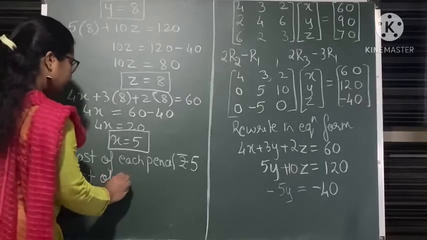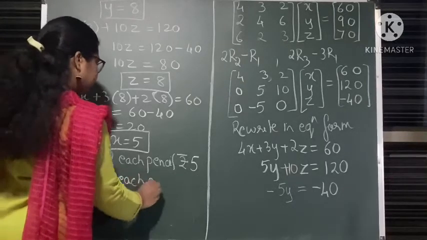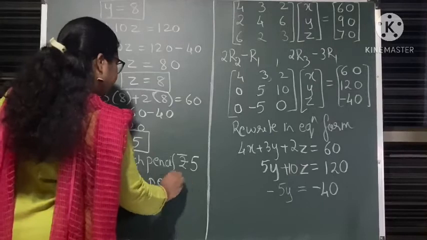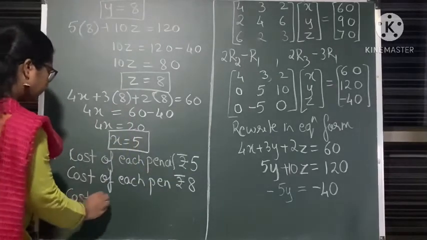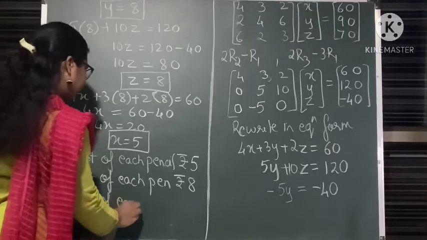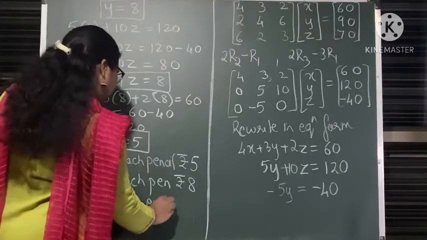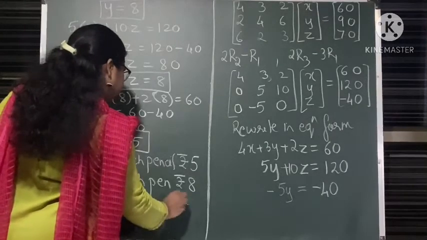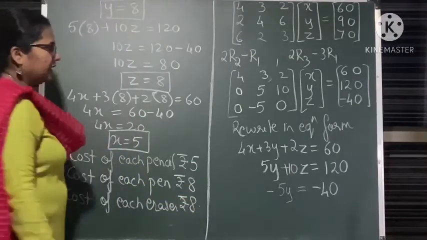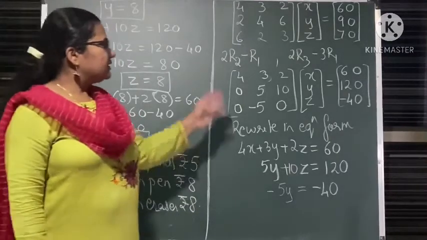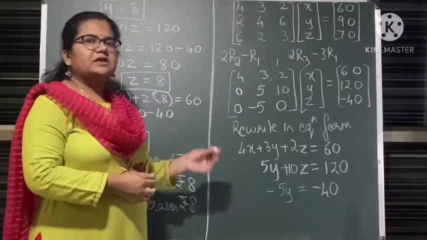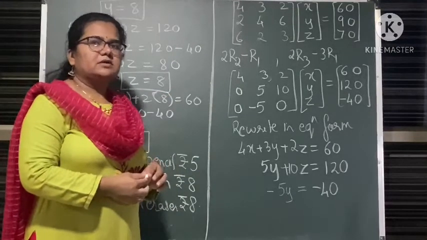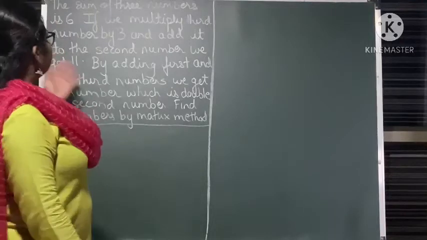Cost of each pen, rupees 8. And cost of each eraser, rupees 8. If you want, you can check the answer by substituting in your equations also. Check whether LHS equal to RHS. Clear?